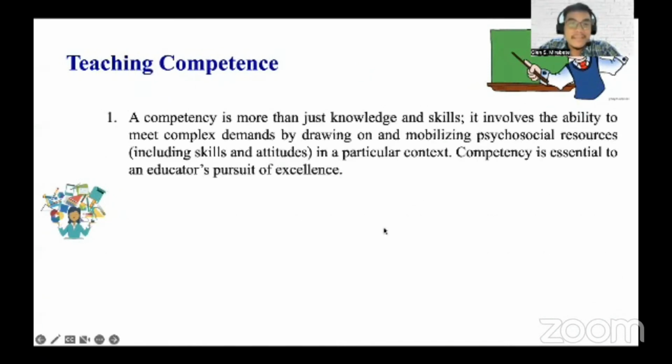For teaching competence, competency is more than just knowledge and skills. It involves the ability to meet complex demands by drawing on and mobilizing psychosocial resources in a particular context. Competency is essential to an educator's pursuit of excellence.